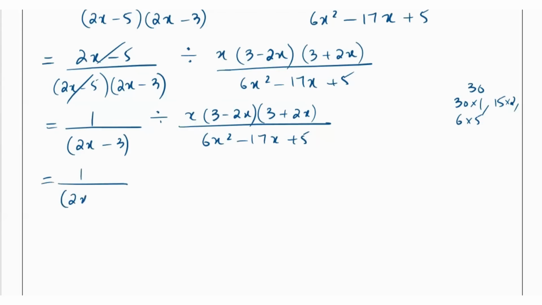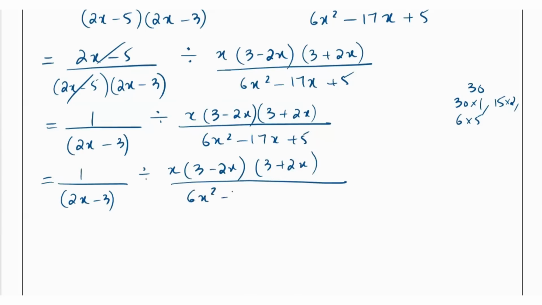So 1 over 2x minus 3 divided by x times 3 minus 2x times 3 plus 2x, then 6x squared minus 15x minus 2x plus 5. We replace the middle term with the factors. Now we split it into two groups and factorize those two groups separately.